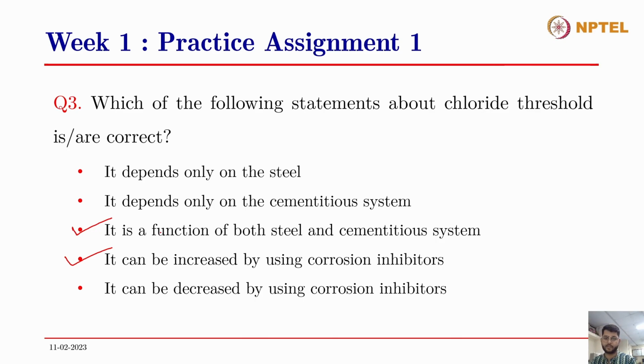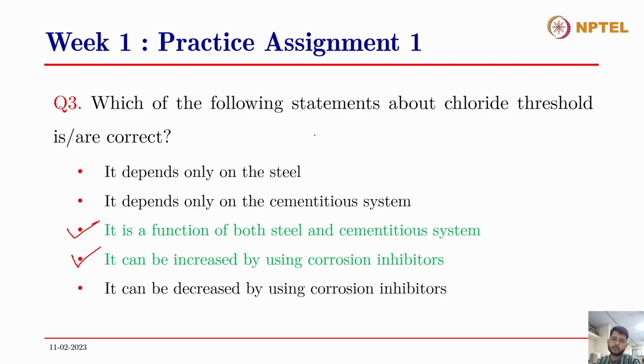Yes, as he has rightly pointed out, the answer to this question is that chloride threshold is a function of both steel and cementitious system, and it can be increased by using corrosion inhibitors.